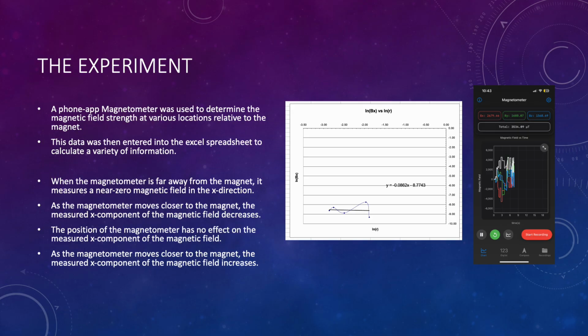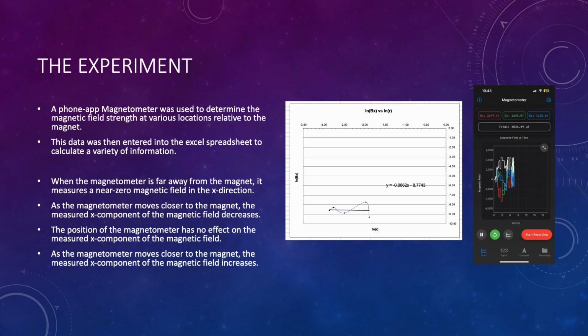So we're supposed to assess which of these four statements were accurate. We do have varying levels of accuracy, and this can be due to some human error as well as equipment error. But when the magnetic field is far away, it was near zero, and that's true because there was little impact from the magnet when it's far away.